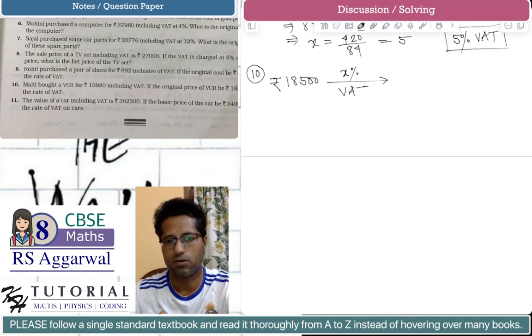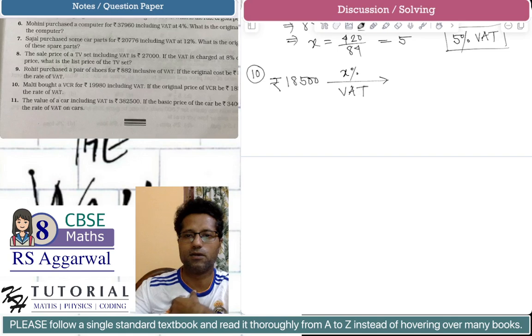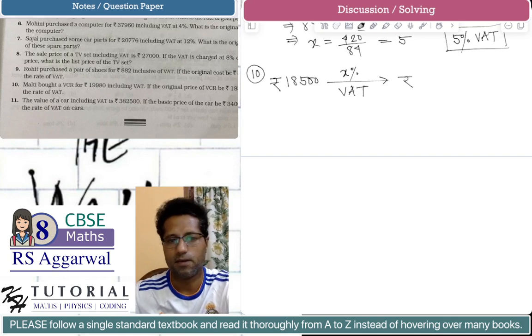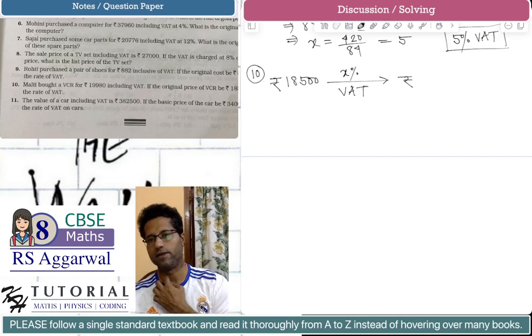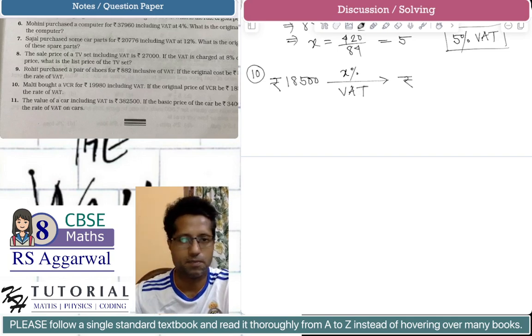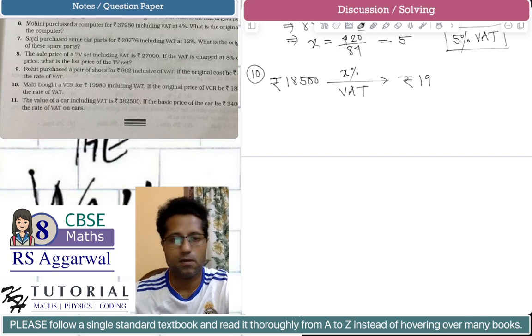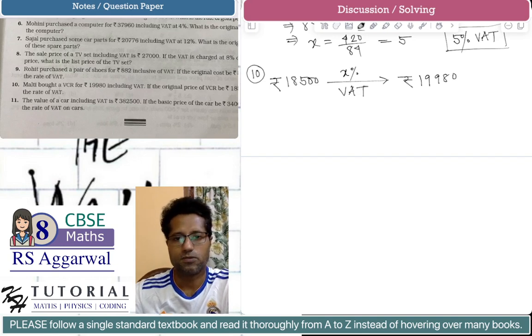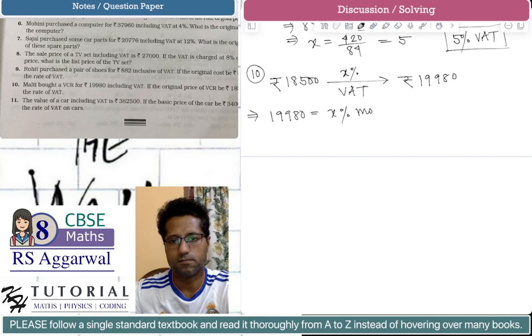VAT is applied on the original cost, that is rupees 18,500, and after the amount of VAT is added to the original cost, Malti is paying rupees 19,980. So this is the scenario. So we can say that 19,980 is equal to X% more than 18,500.